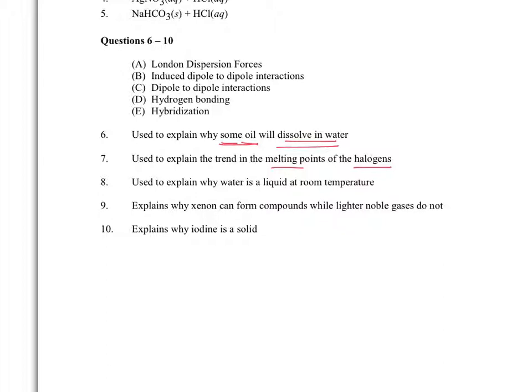All right, here's the thing about halogens. They're diatomics. So when you have melting point, do you agree that melting point is a phase change? Is a phase change an IMF? All right, so you've got to figure out what kind of IMF a diatomic would have.